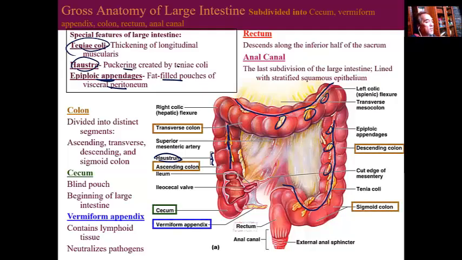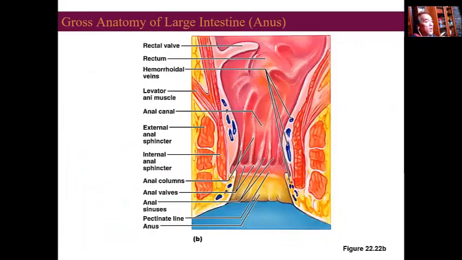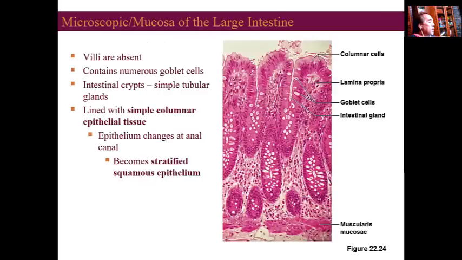So we identify the large intestinal tract, and then we're looking at the anus now. Actually, this is what the large intestinal tract looks like in section. You still have your simple columnar epithelium, and within that you also have crypts.